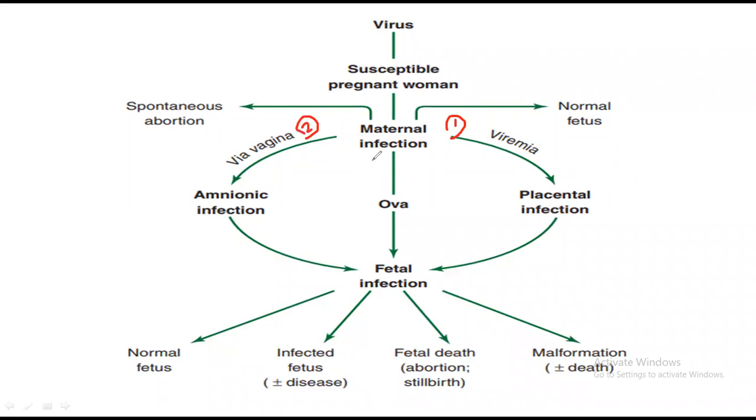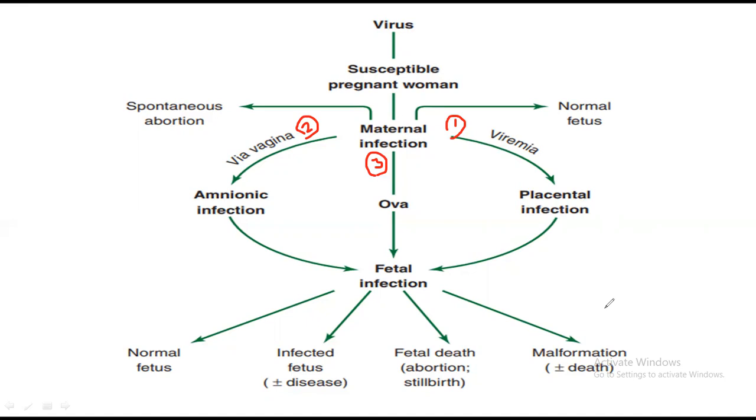The third condition is very specific, and in most cases leads to death. Here the infection can occur at the time of the fetus forming, at the time of formation. So the ova can be infected.